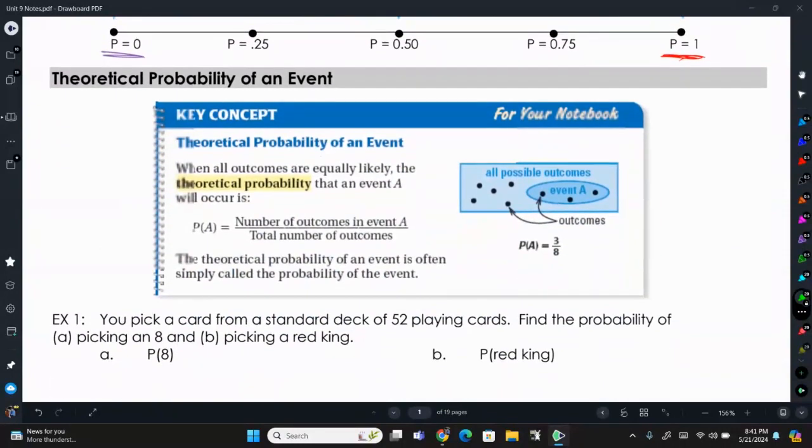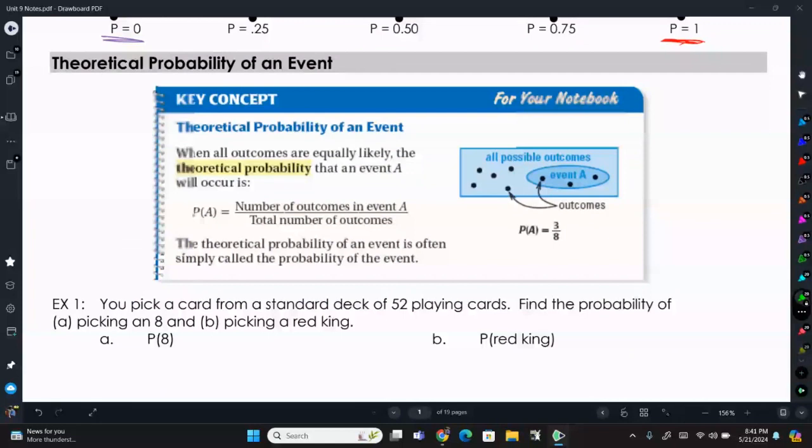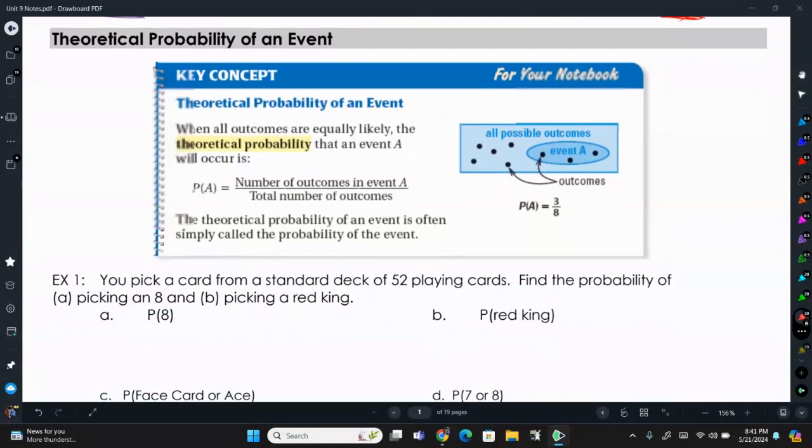So the theoretical probability of an event is what should happen. And we can calculate that by dividing the number of outcomes in the event by the total number of possible outcomes.